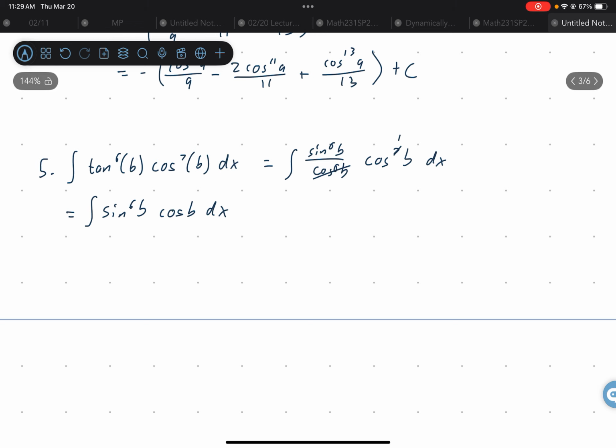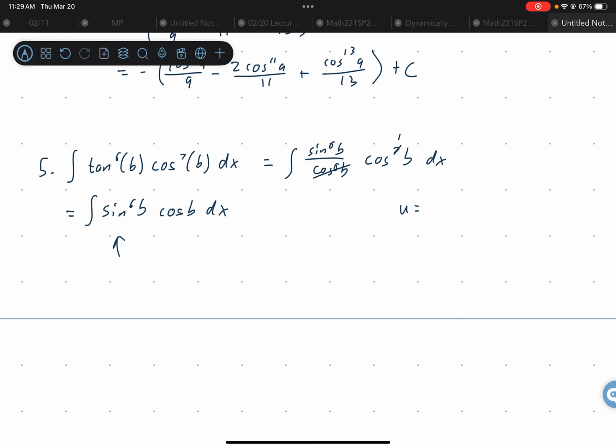And now we can use U-sub. We can say u equals, again with the higher power, u equals sine b, so du equals cosine b db. And this should be b, I'm sorry, not dx. Muscle memory. Just because of the terms I'm using, should be b.